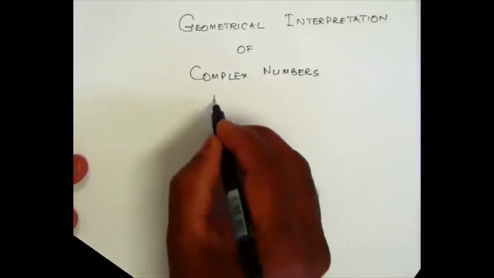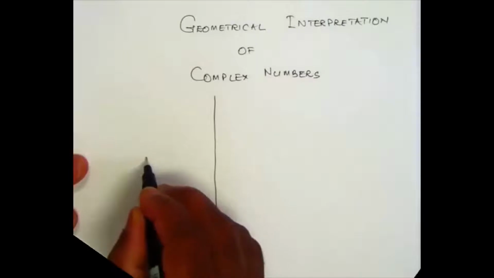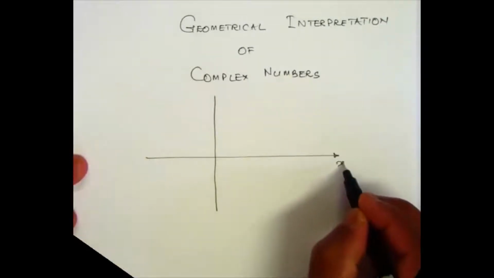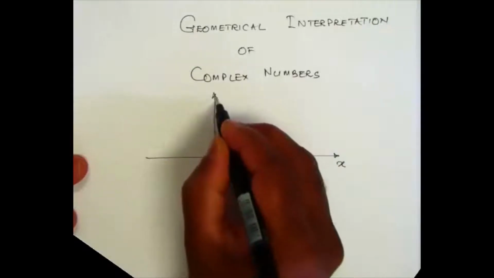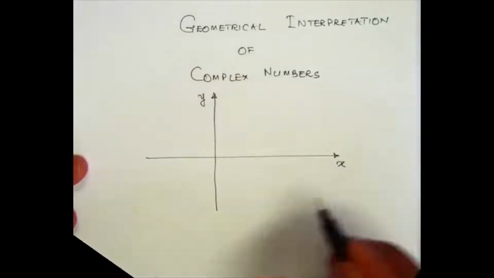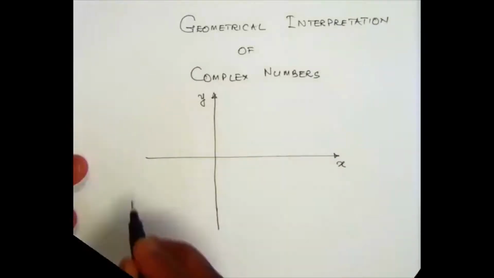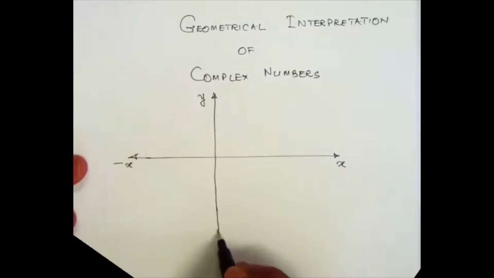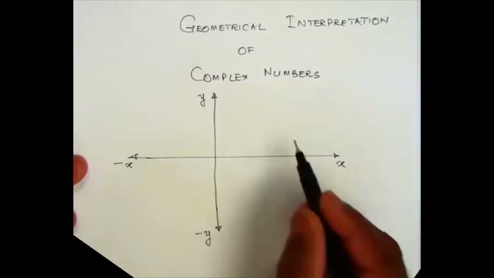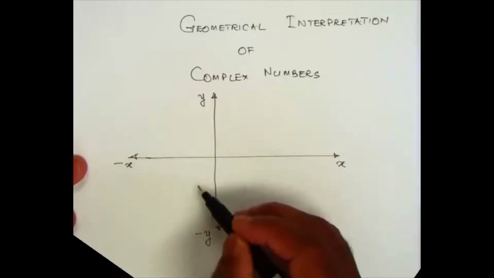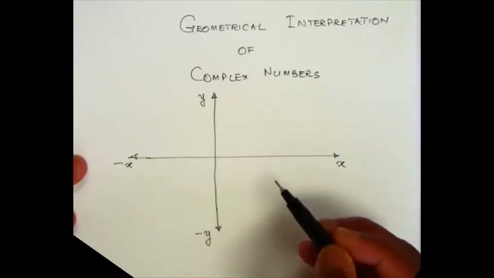normally in coordinate geometry, we have the x-axis and the y-axis, and then we have the negative x-axis and the negative y-axis, and we say this is the first quadrant, second quadrant, third quadrant, and the fourth quadrant.